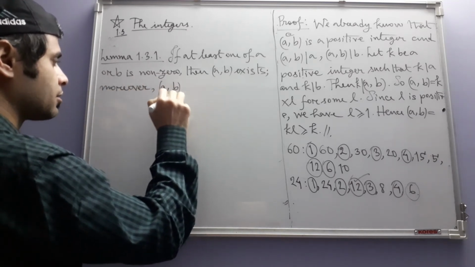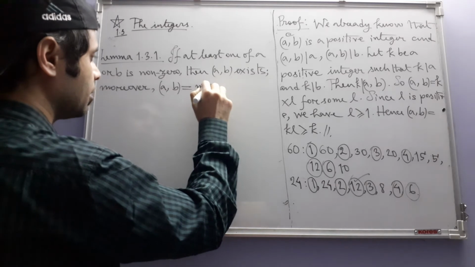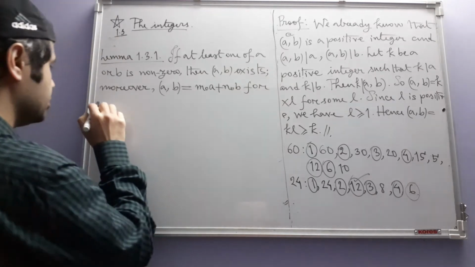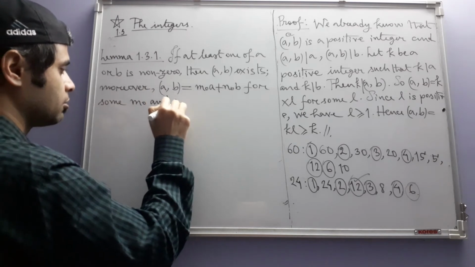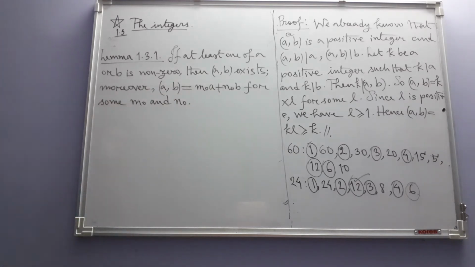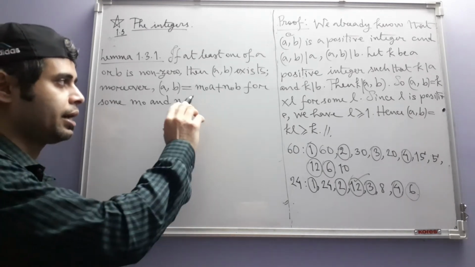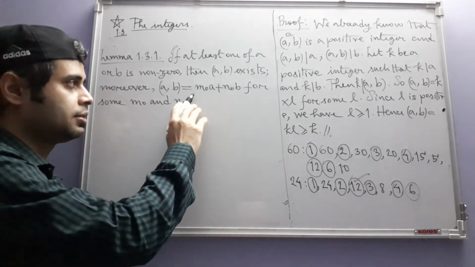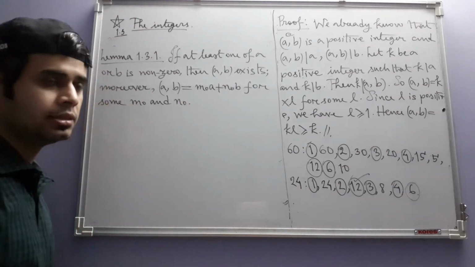Not only that, but this value is expressible in this form: m naught a plus n naught b for some integers m naught and n naught. So the GCD of two numbers, at least one of which is non-zero, exists and is an integer combination of the numbers. It can be written as a linear combination in this fashion, where the coefficients are integers.